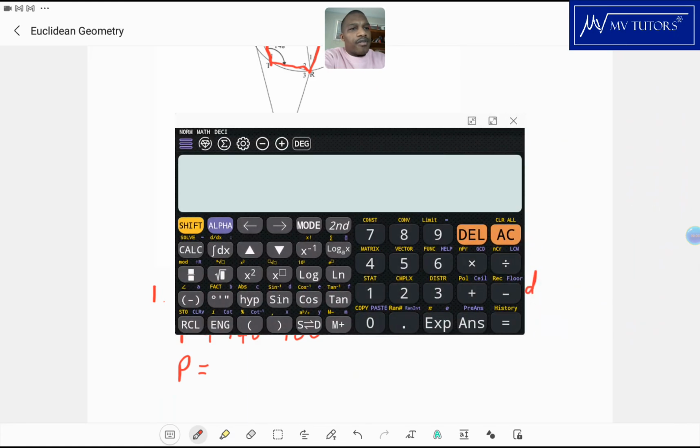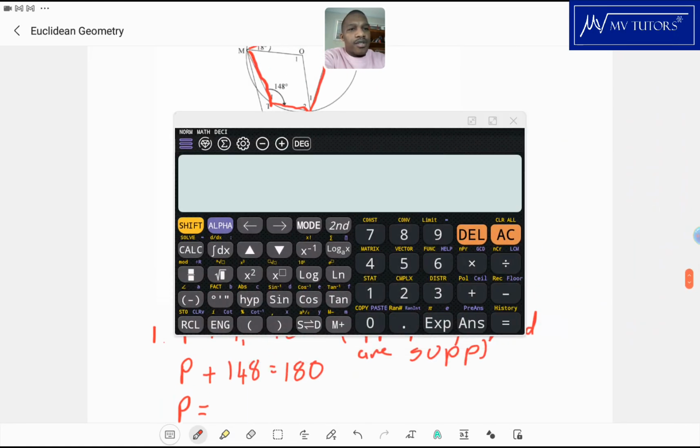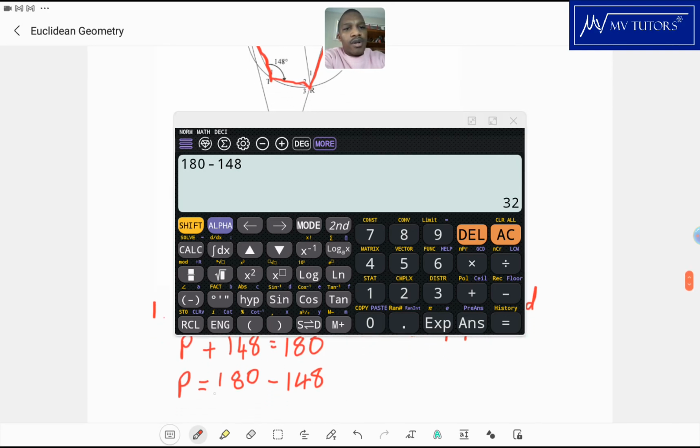What we want to do is say 180 minus 148, put that in a calculator exactly as it is. And then we get 32. So our P is equal to 32 degrees. That's it.